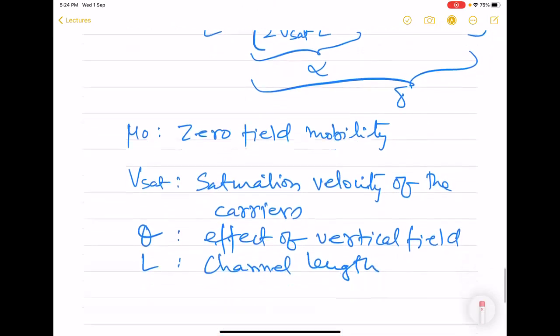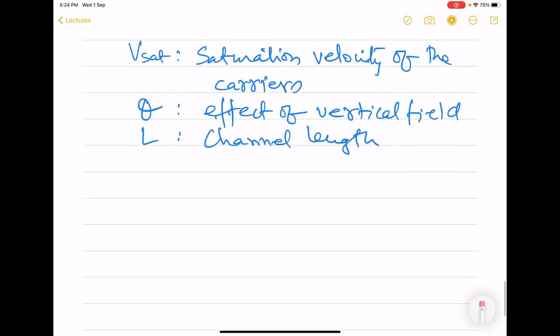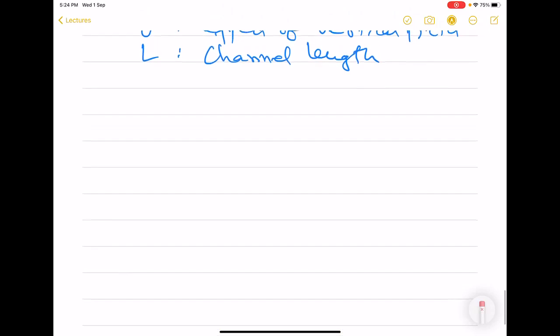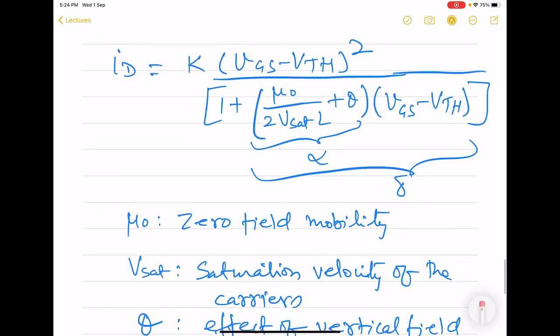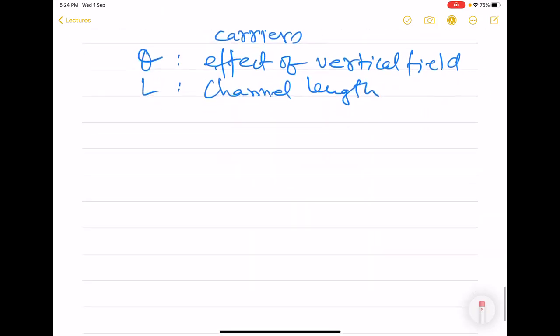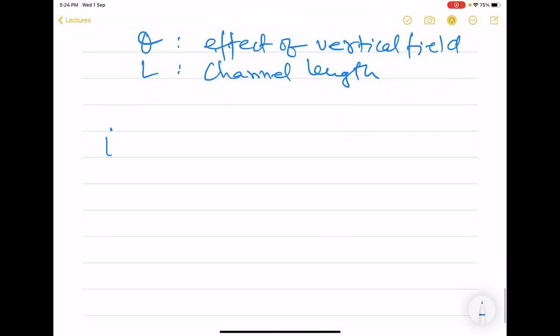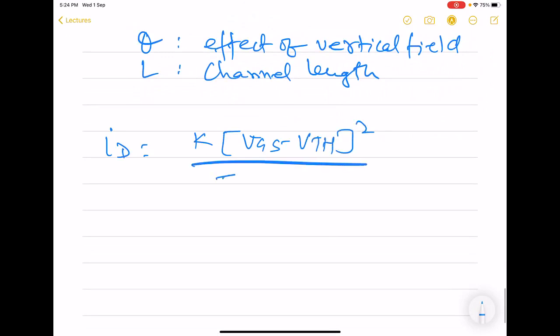So we will not see the detail of how this is derived, but we will take this and then try to see how third order nonlinearity comes into picture. So this can be written as ID is equal to K into (VGS minus VTH) whole square divided by 1 plus delta.